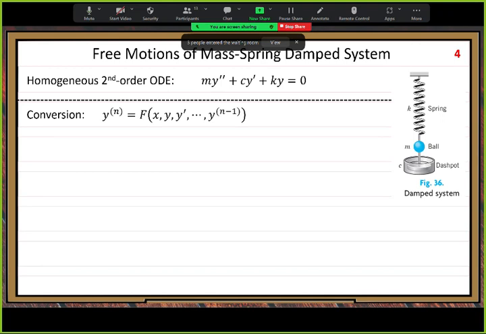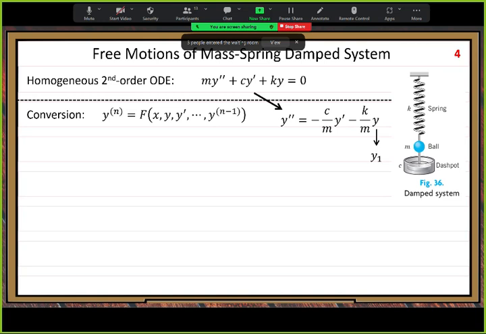Also, before we convert it to a linear system, we want to write this form first. That is y double prime equals this expression. It's not quite the standard form, but it's a more friendly form for our conversion. Now we can do the conversion.